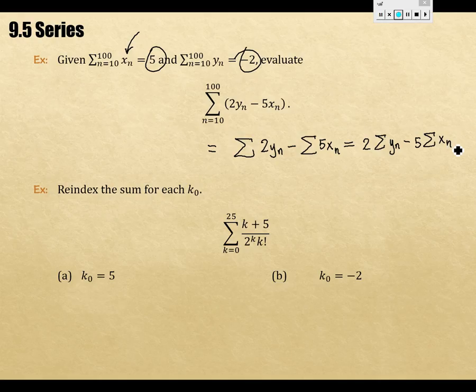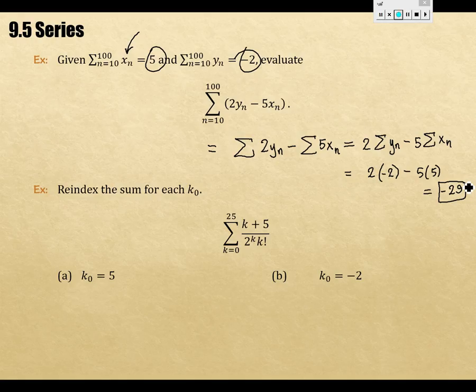And now we have the things that we're given. By the way, feel free to add the limits to all the sigmas. So these are given: 2 times -2 minus 5 times 5 equals something. It's given in the problem.